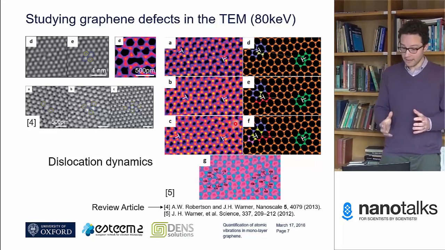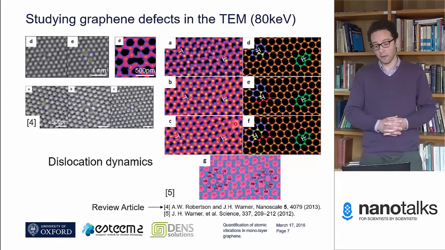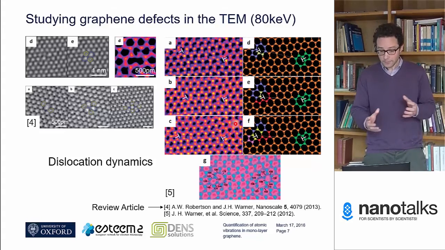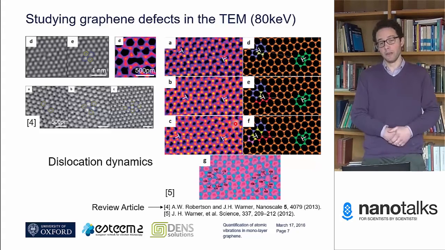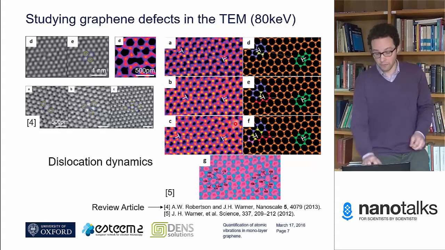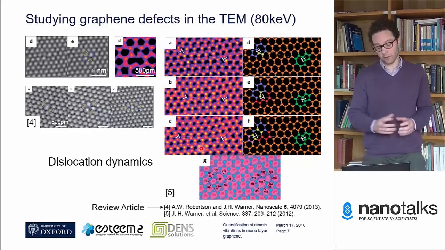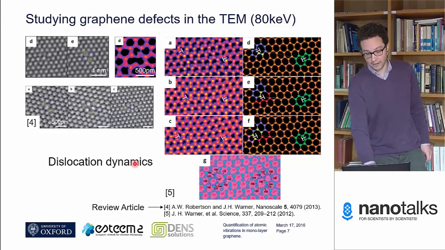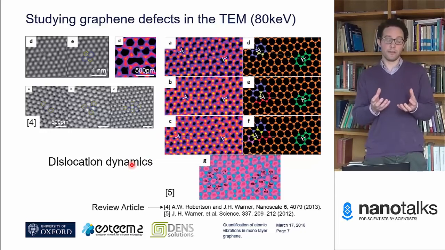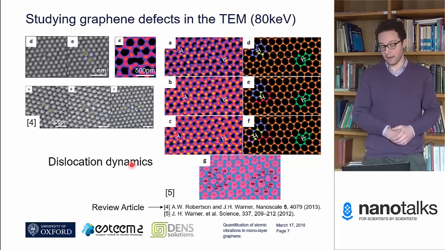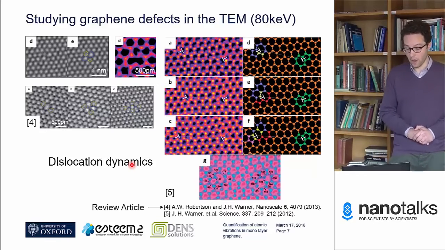So at these timescales, perhaps surprisingly, we can observe some dynamics of the defects. We can observe them, for example, over here, climbing and gliding across the graphene lattice. And we also see certain defects will evolve into other defects with time.